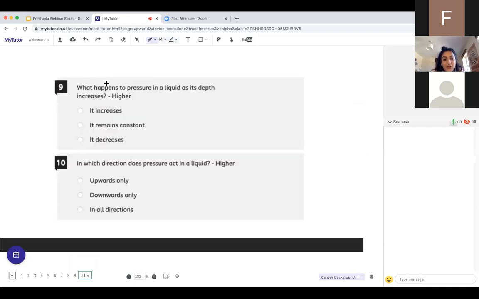What happens to pressure in a liquid as its depth increases? So if we have a container of water, is the pressure going to be higher at the top or at the bottom? And in which direction does pressure act in a liquid?